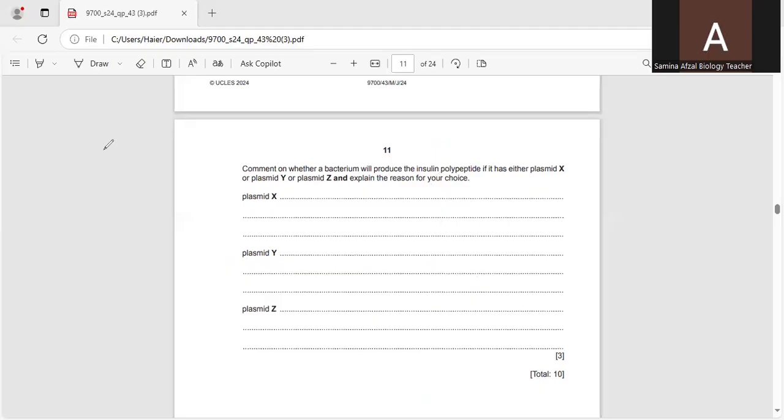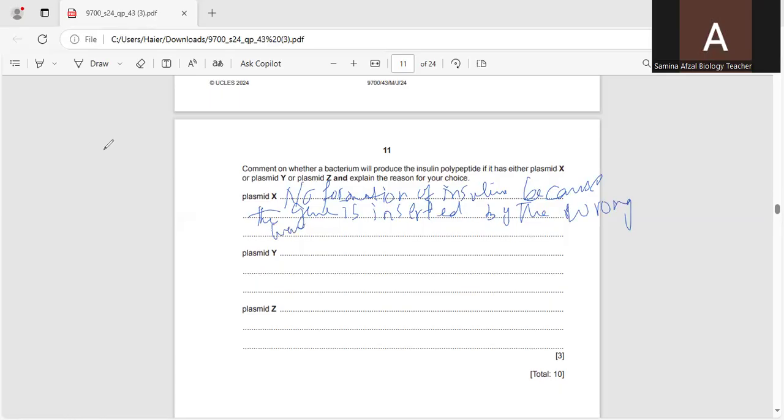So now I'm going to write: no formation or synthesis of insulin because the gene is inserted the wrong way, or in the wrong direction.